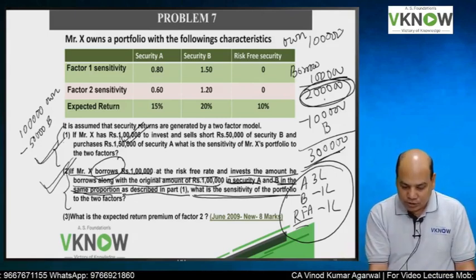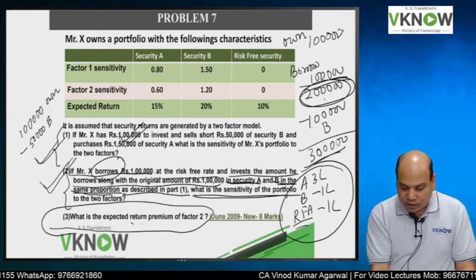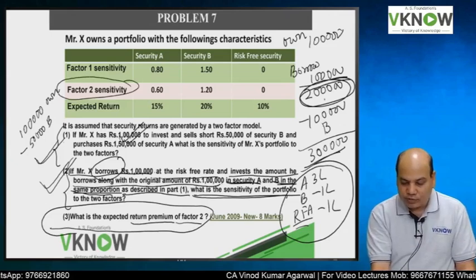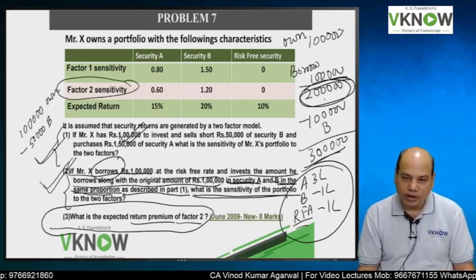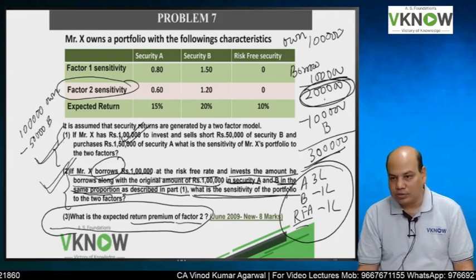And the third question is, what is the expected return premium of factor 2? So this is based on arbitrage pricing model.